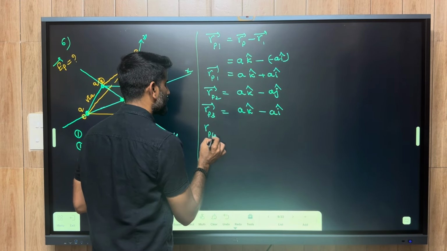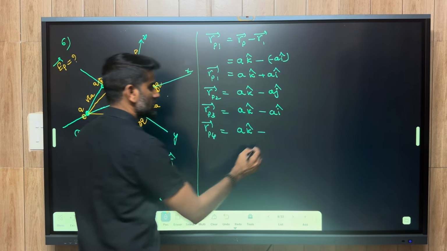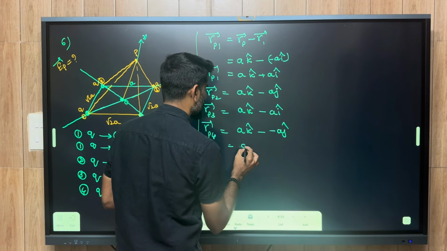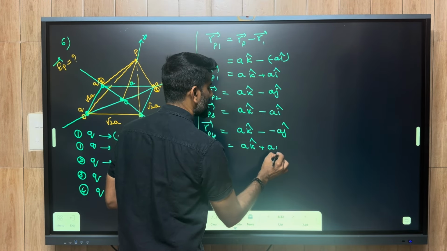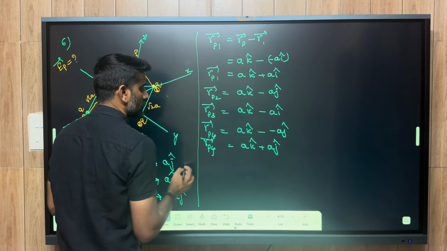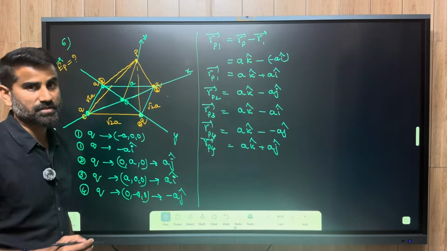Similarly, with respect to 4, it is a k cap minus a minus j cap, which is a k cap plus a j cap. So these are the positions of point P with respect to the 1, 2, 3, 4 locations.